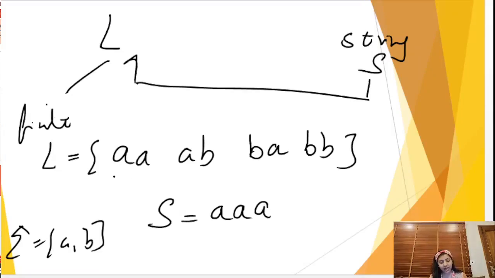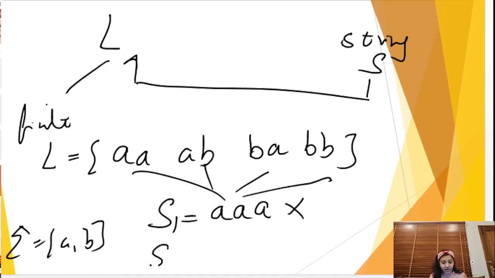No. Because all these strings are stored in my memory, whenever any new string is presented, we simply check it against all the words present, and if that word is not present, we say that the string is not part of the language; otherwise we say it is. So in this case, AAA is not part of the language. But if I present a word like AA, this word is present in my language, so we say it is a valid string. For a finite number of strings, this is a valid approach.